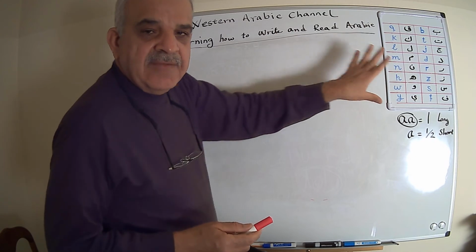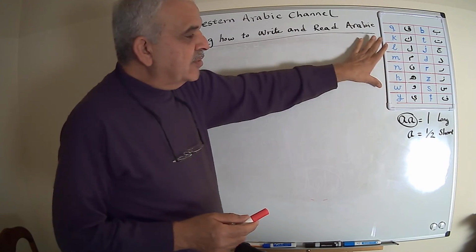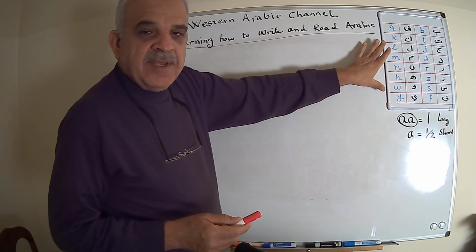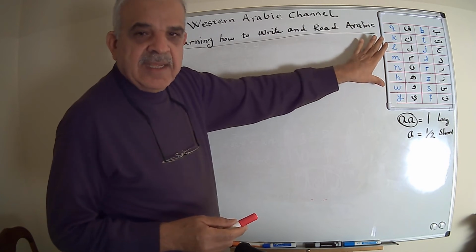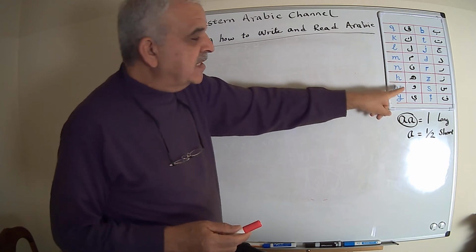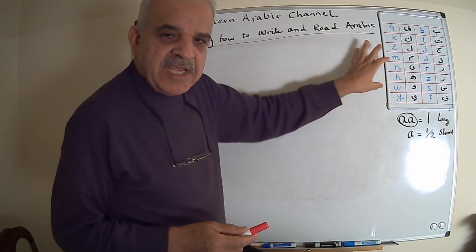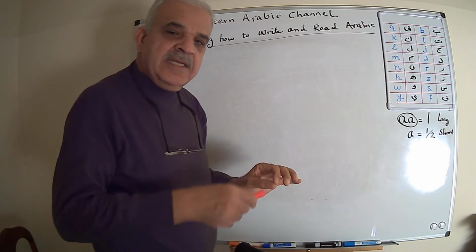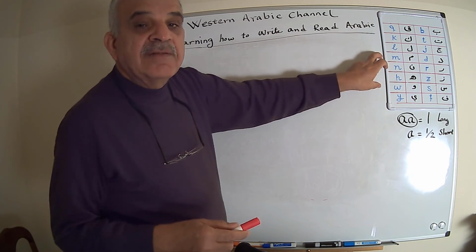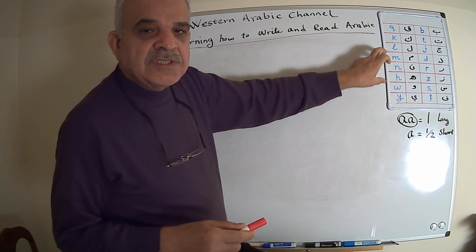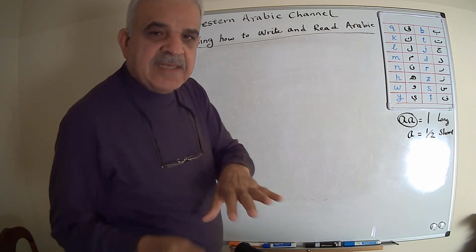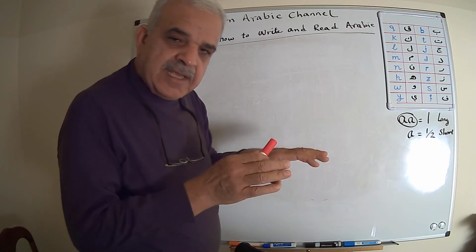Those 16 letters are part of both the Arabic and English alphabets, which have equal sounds and equal shapes. Later on, we will add the other 12 letters, which are in Arabic and do not have an equivalent in English.